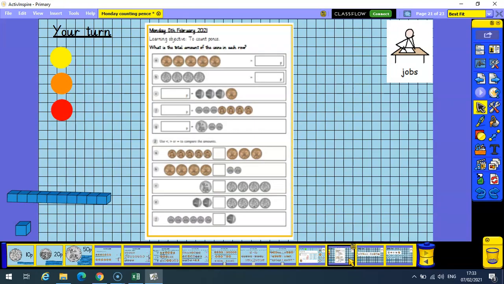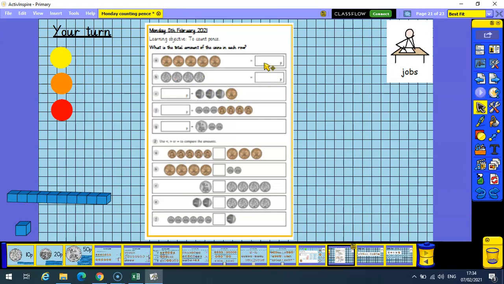Okay, next, this is for red, orange and yellow groups, just as we've been doing together. You need to count the rows of coins, remembering to think of what to count in. So is it going to be counting in 2s or counting in 10s or counting in a mixture?